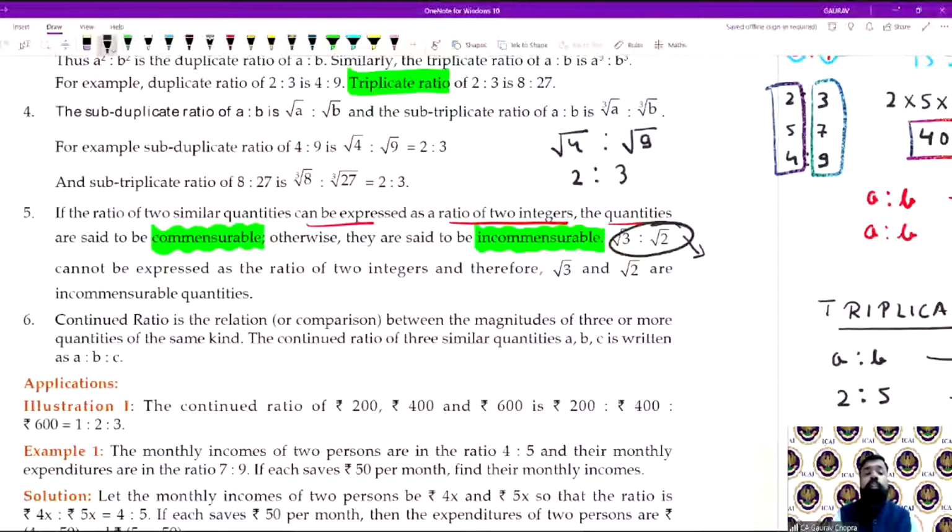Root of 2 is 1.414. It is again not an integer. So whenever the ratio cannot be expressed as integers, it is known as incommensurable. But if it can be expressed in integer form, then it is known as commensurable. Okay.